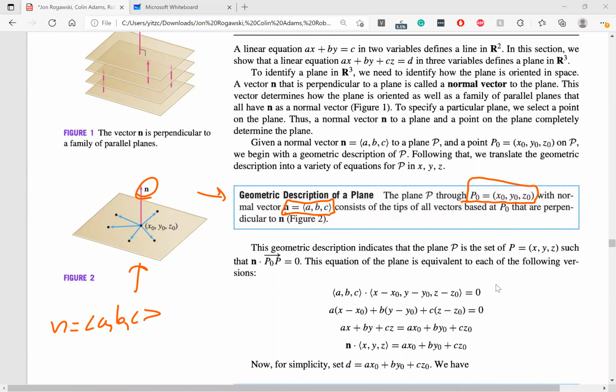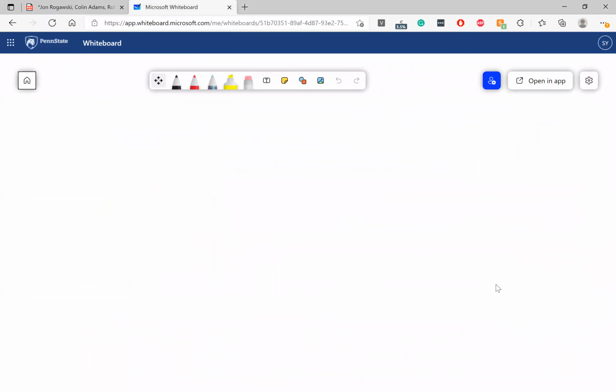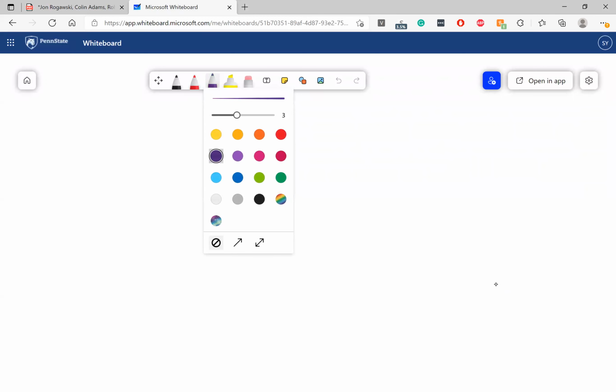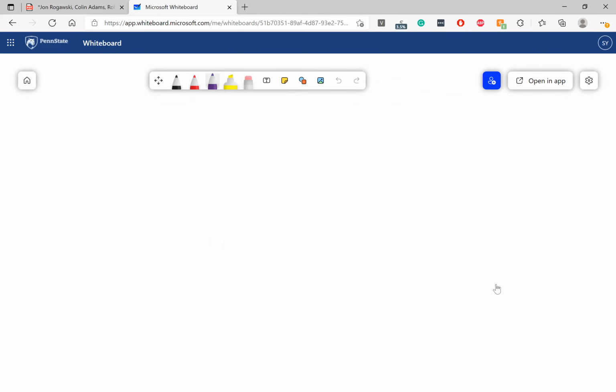So last class we started talking about planes. And we said that every plane can be determined by two pieces of information, kind of similarly to lines in R2.